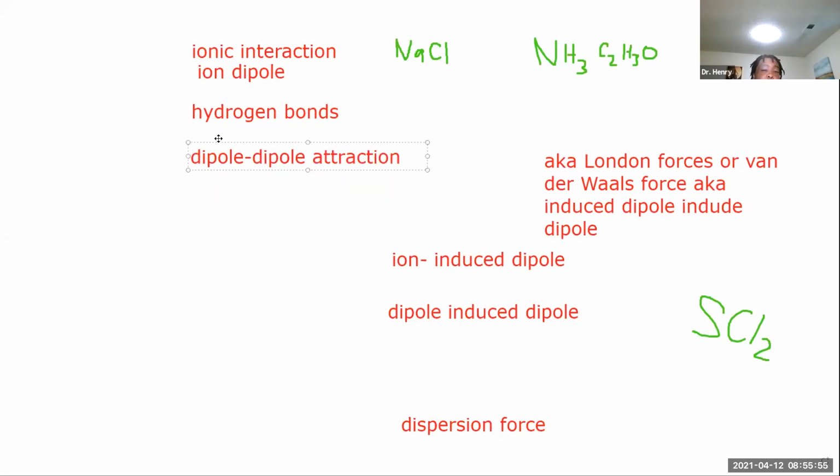Okay, so then dipole-dipole would be the next one in line. And after that, who do you guys think is going to be next? Well, following this, the ion-induced dipole, because the ion would be that charge thing.